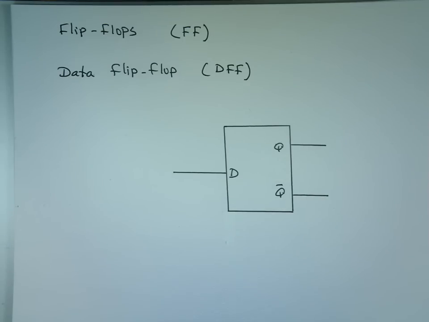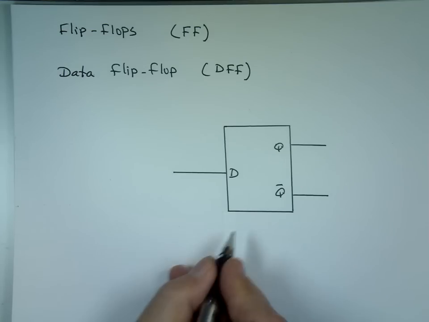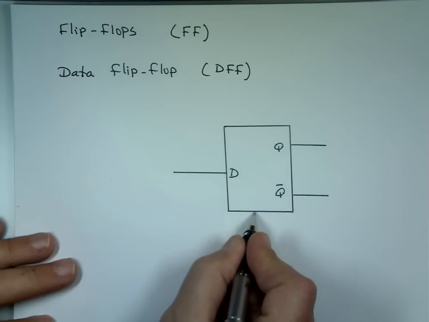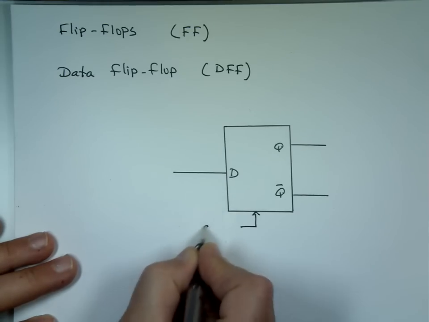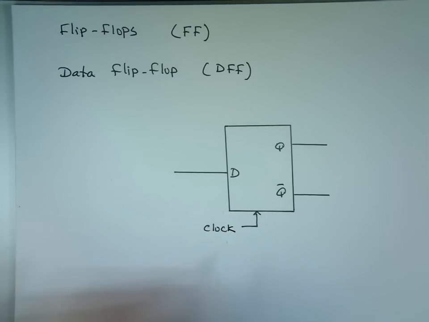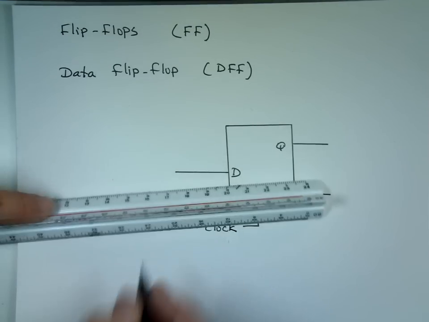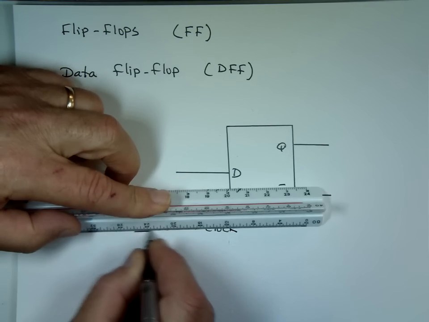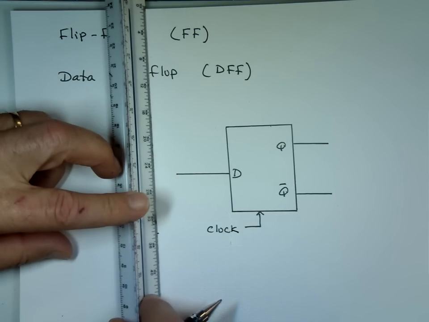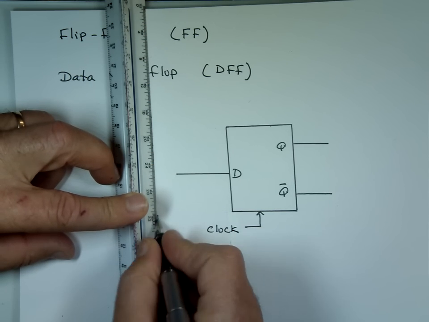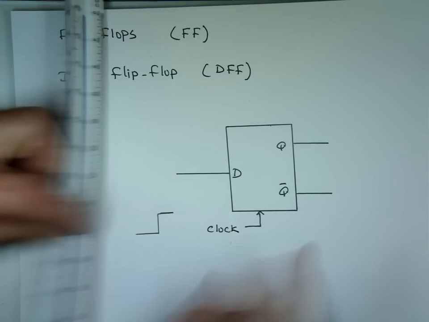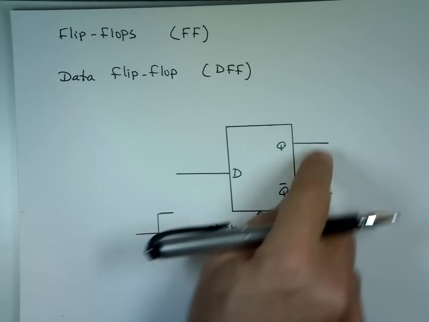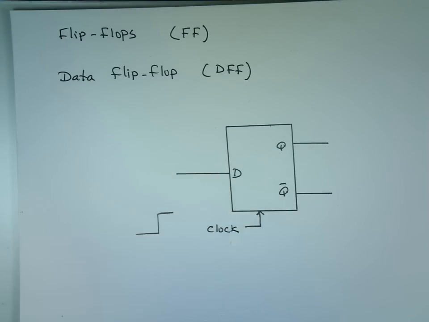Now, I want you to pay attention to the clock. If you see the clock here, looks like this. That means this works on the rising edge, as the clock goes from 0 to 1. So when the clock goes from 0 to 1, the output here will depend on whatever D is. On the other hand, I'll make the other one in red color.